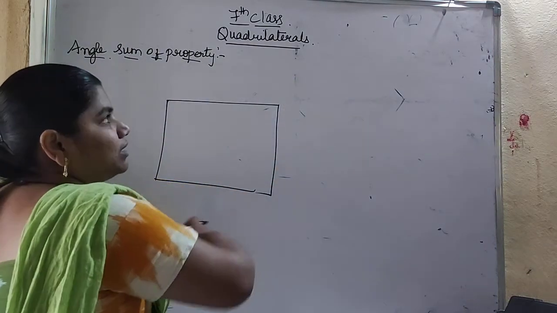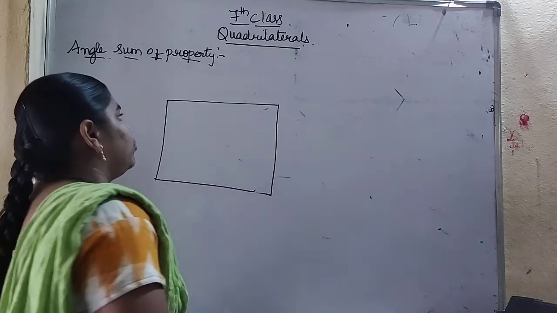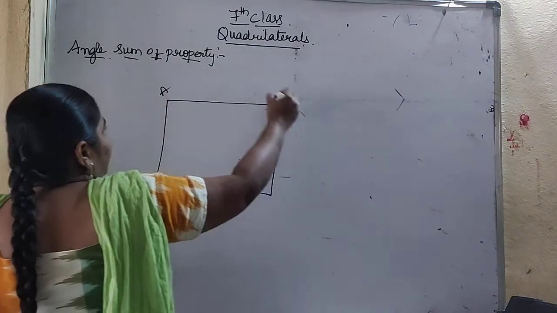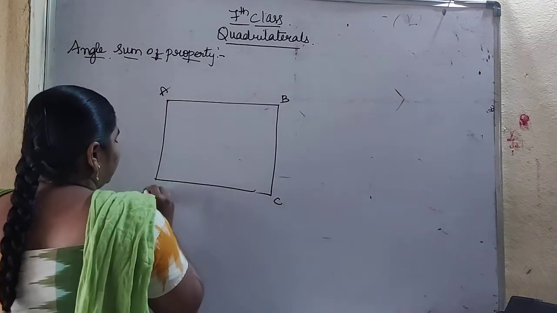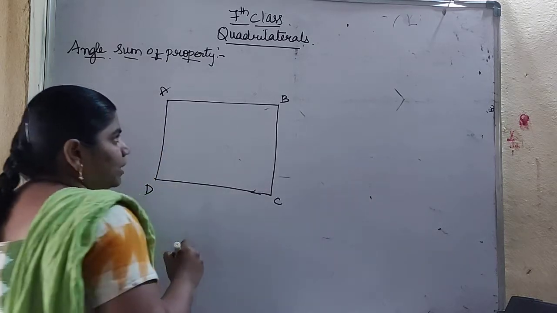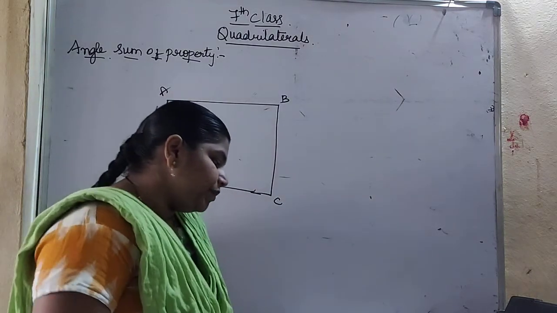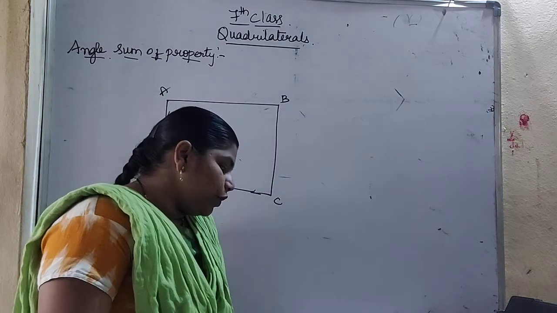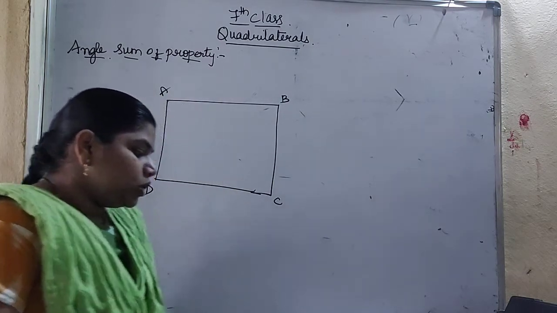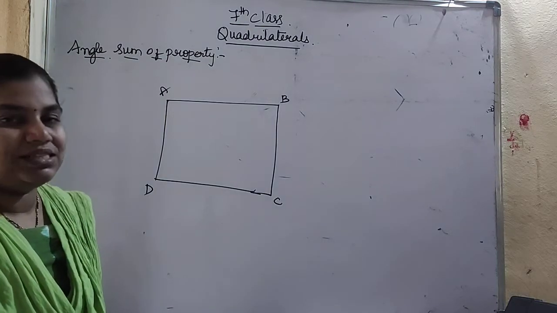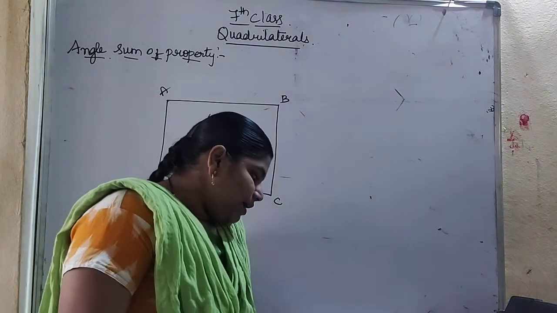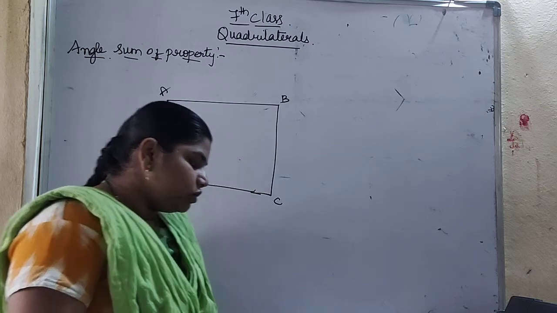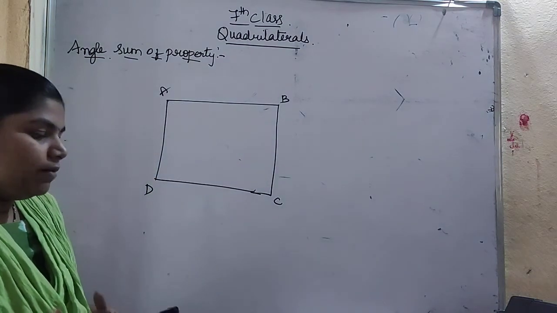Suppose you think of this board as the cardboard, and on this I am drawing one quadrilateral, A, B, C, D. Make a cut of it. Then cut the quadrilateral into 4 pieces and arrange them as shown in the figure.